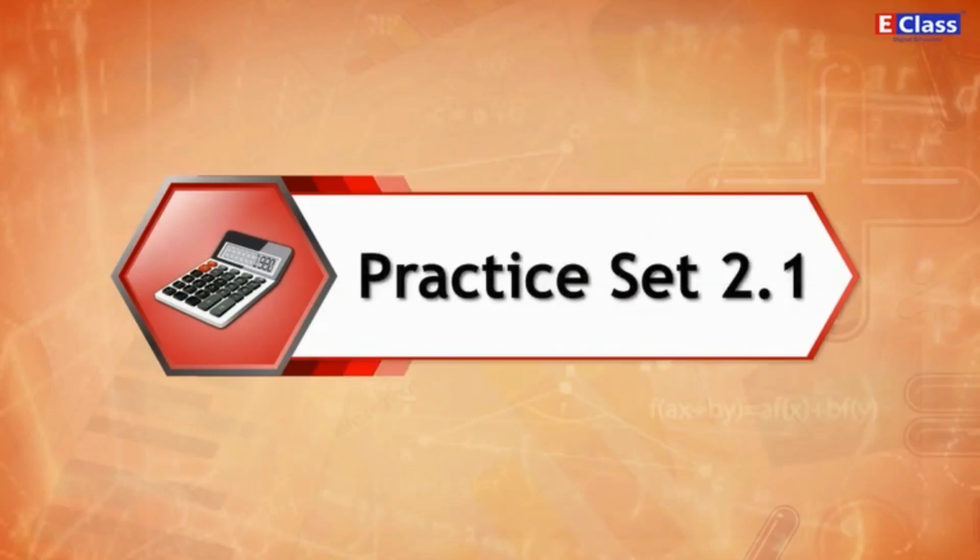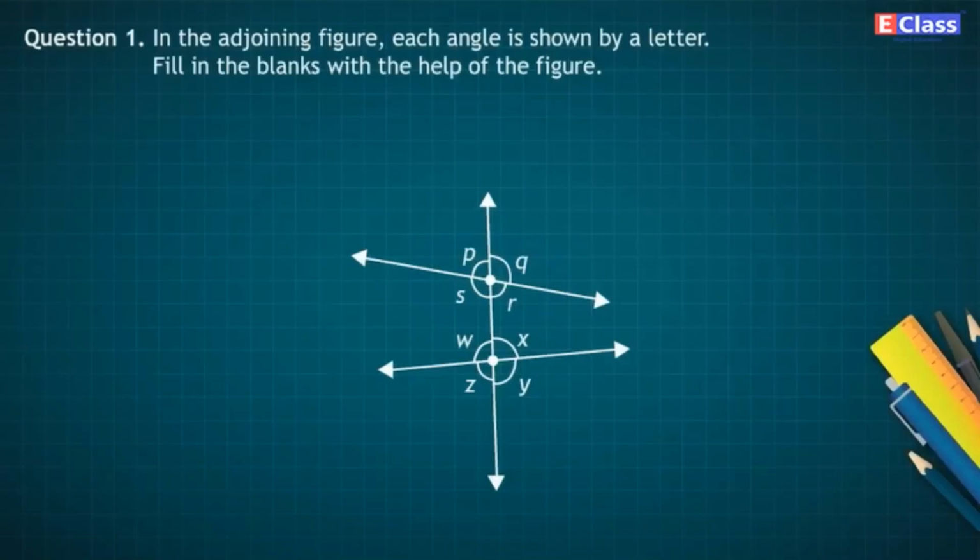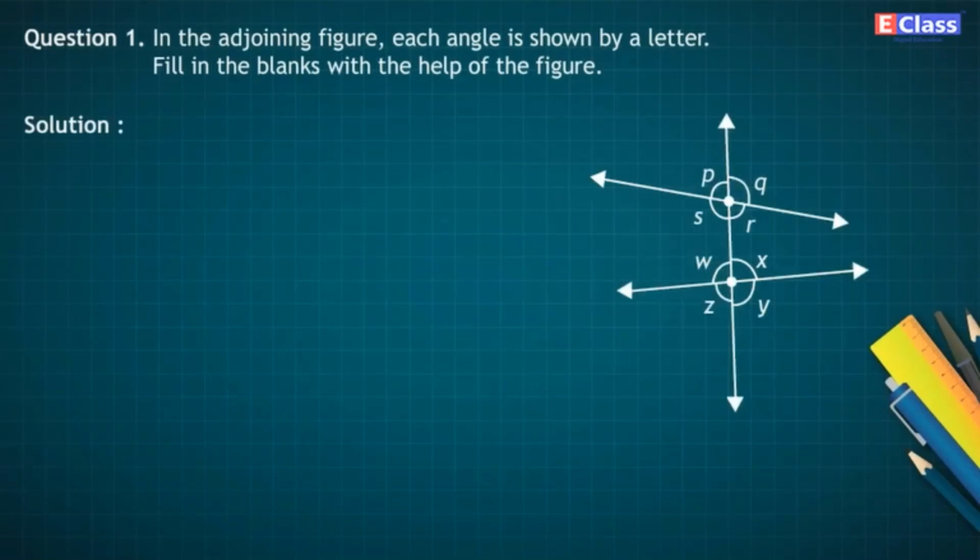Practice set 2.1. Let us now solve a few problems based on the topics covered until now. Question 1. In the adjoining figure, each angle is shown by a letter. Fill in the blanks with the help of the figure. Solution. From the figure we get corresponding angles: 1.